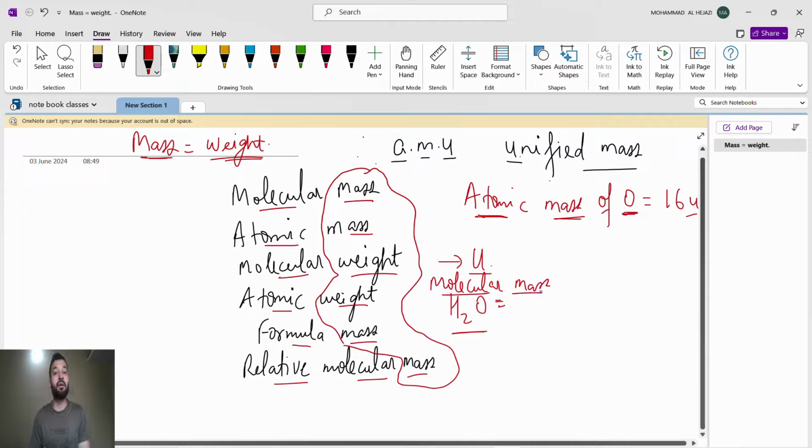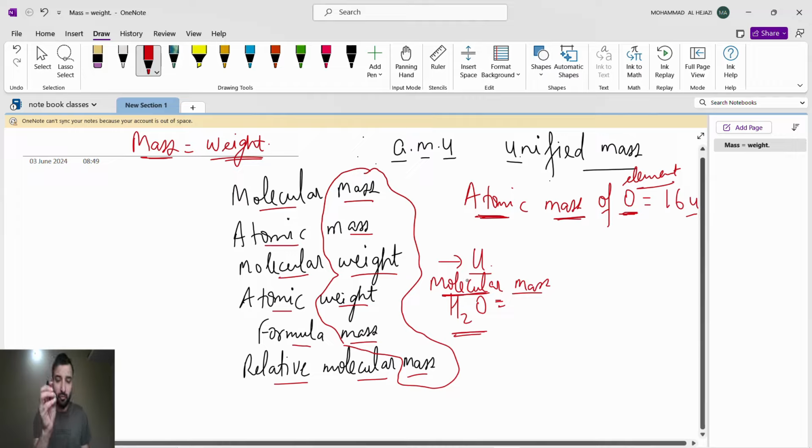Remember the thing we have already studied. Oxygen is an element, and an element is made up of the same kind of atom, so we say atomic mass. H2O is a compound, and a compound is made up of molecules, so it will be a molecular mass.